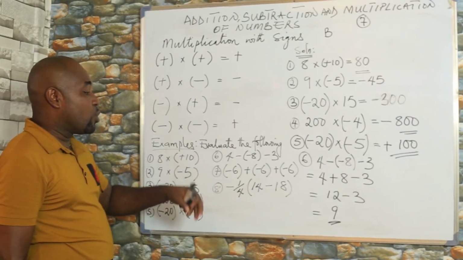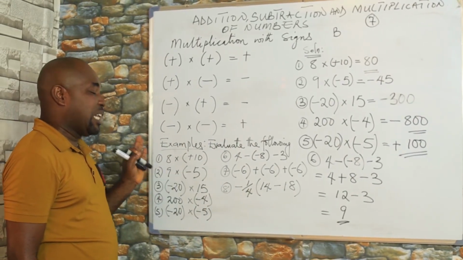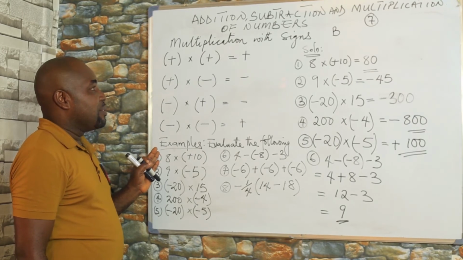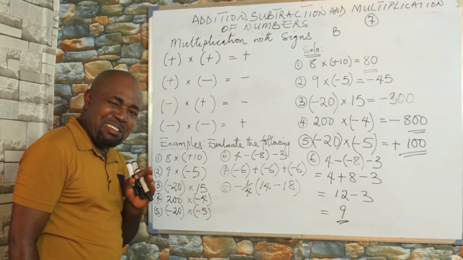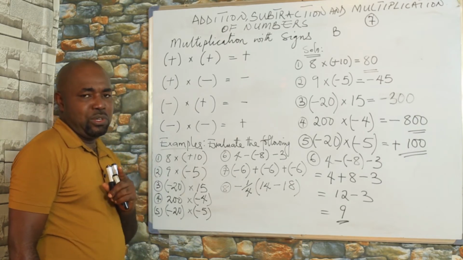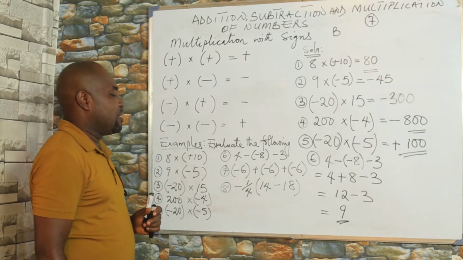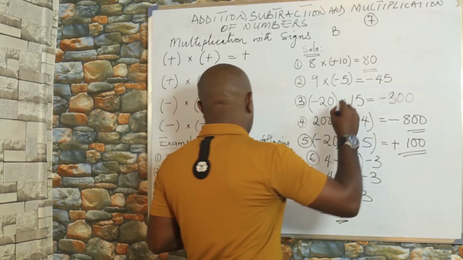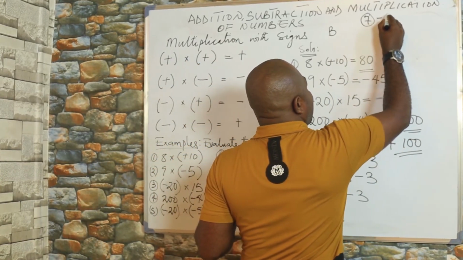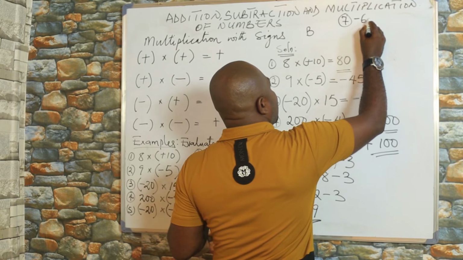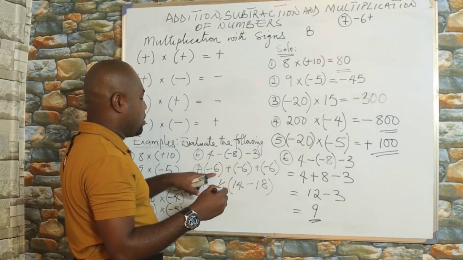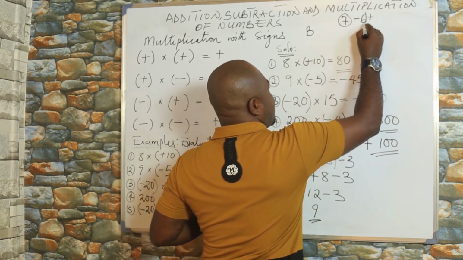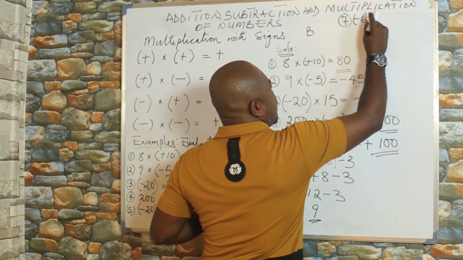I wanted to ask you to solve it on your own, but it may look a little bit difficult for you, but let us handle it. Minus 6 plus, this is minus 6 plus minus 6. The minus 6 here is in the bracket.